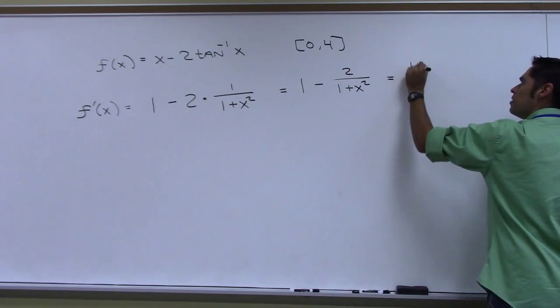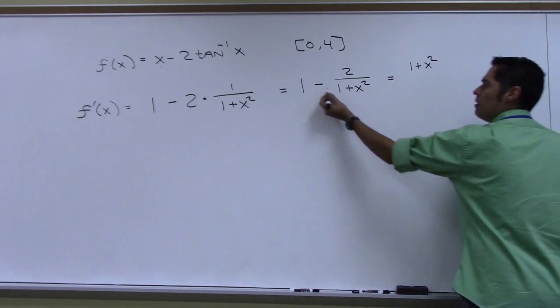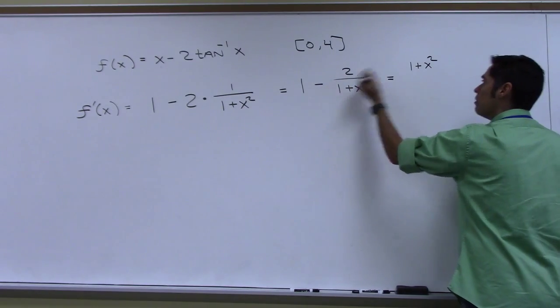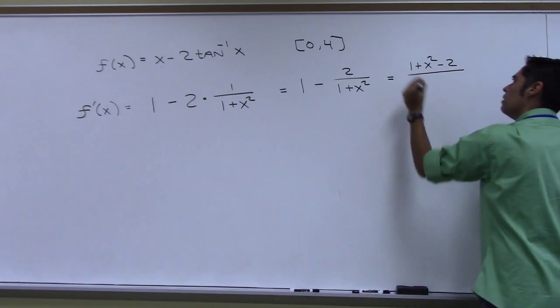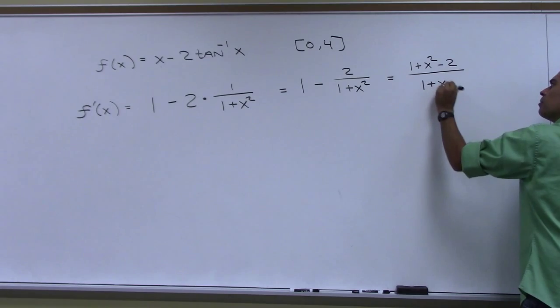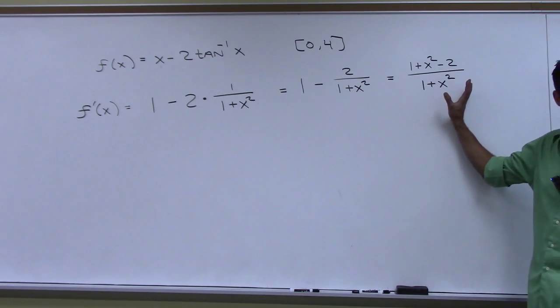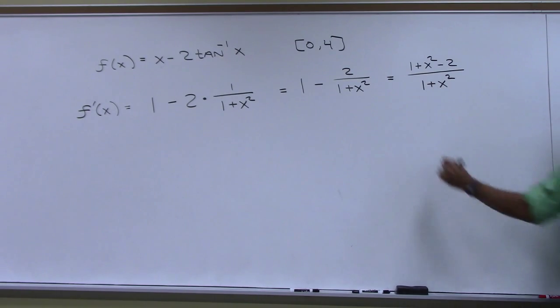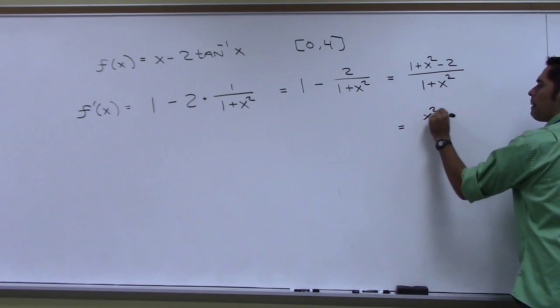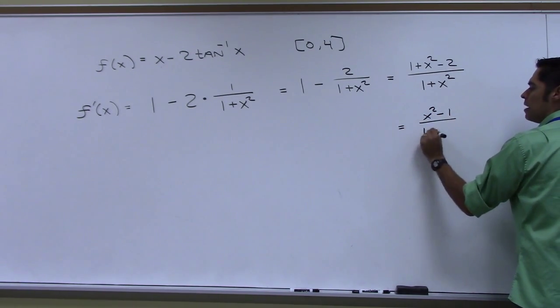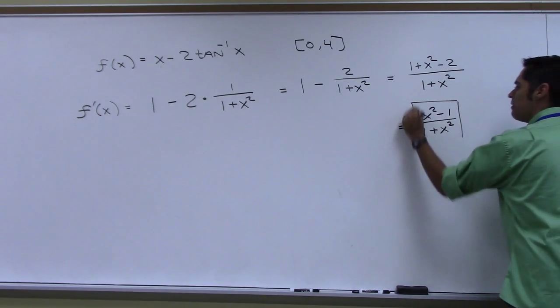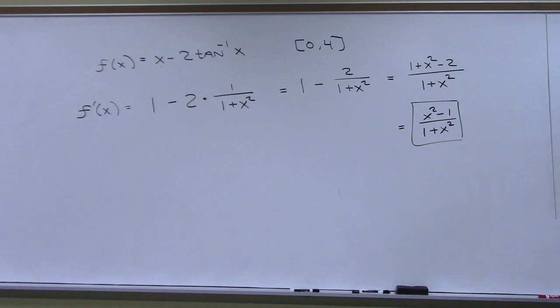So I'm going to have 1 plus x squared, then I'll have the minus 2, and then over 1 plus x squared, right? I'm trusting everyone here could get to that. Which is the same as x squared minus 1 over 1 plus x squared. That's a pretty cleaned up version of my derivative. Set it to 0, right?